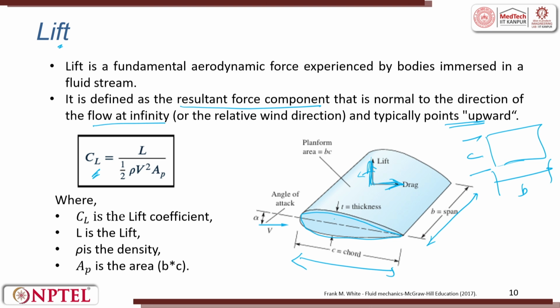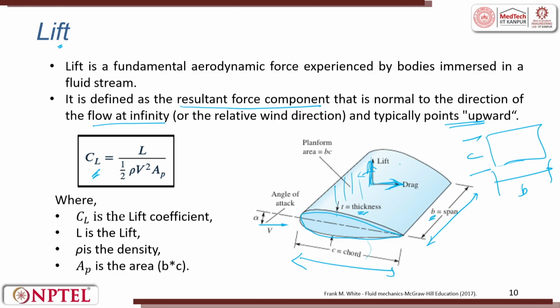If you see here, the thickness of the aero profile is given as T, and B is the span width of a plane, this is the width of a wing. So, that is B, and suppose the plane is going like this, you have a wing, this is the thickness, and then there is a chord length C. So, the planform area BC will be this.